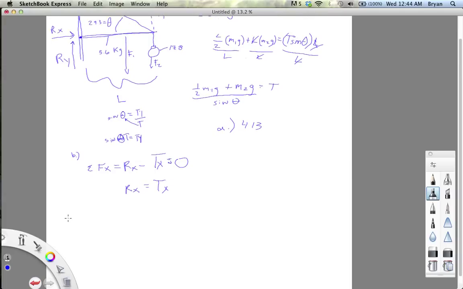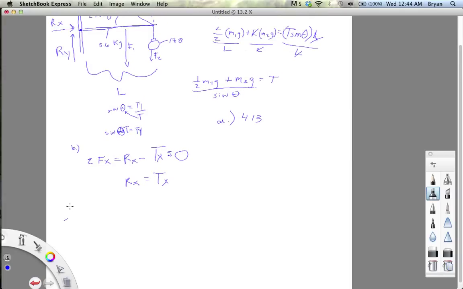So use cosine of theta, and theta is just the angle, whatever your angle is, equals adjacent, which is T of x, over T. Remember, you have T right here.